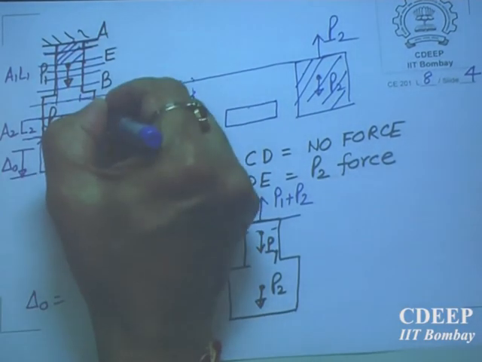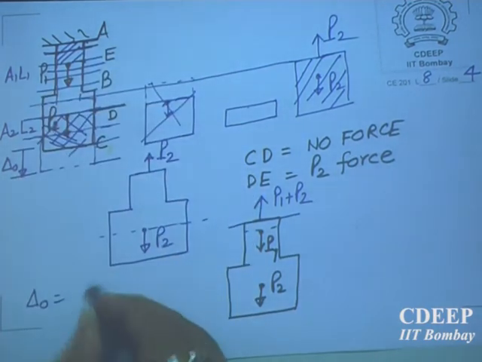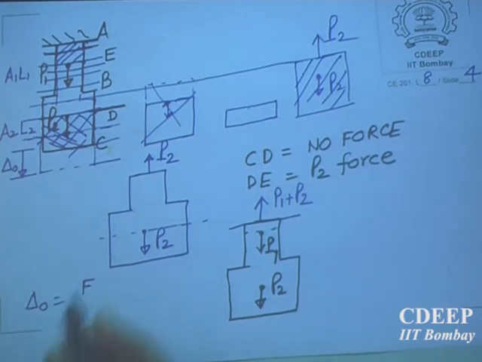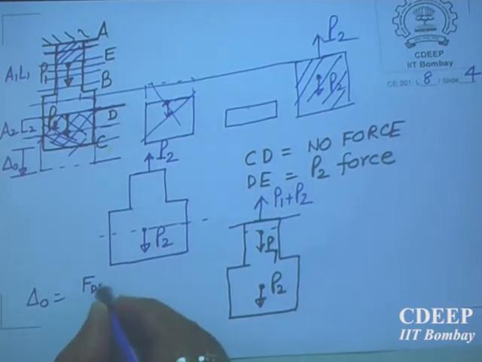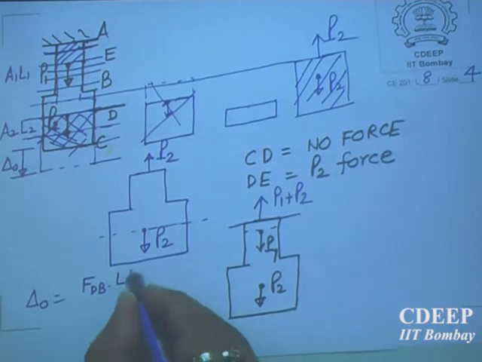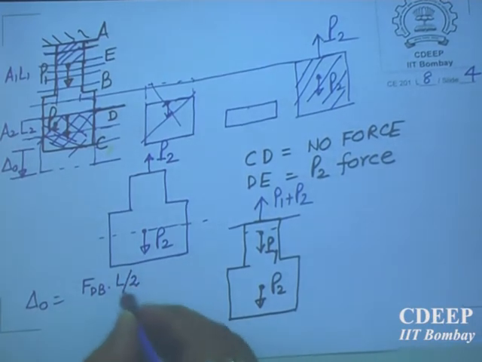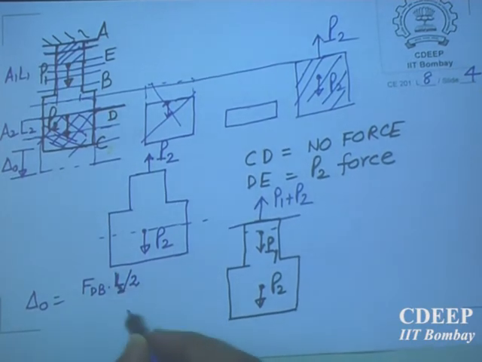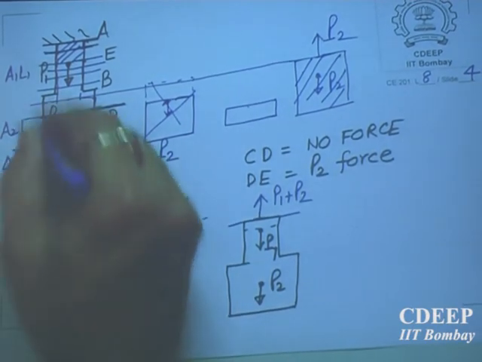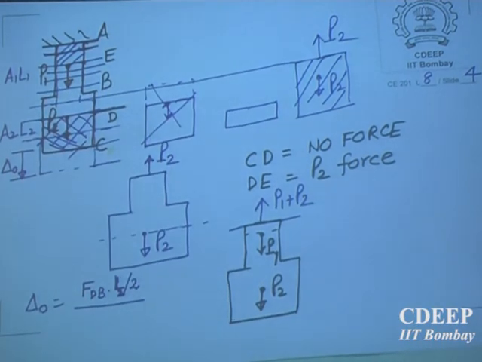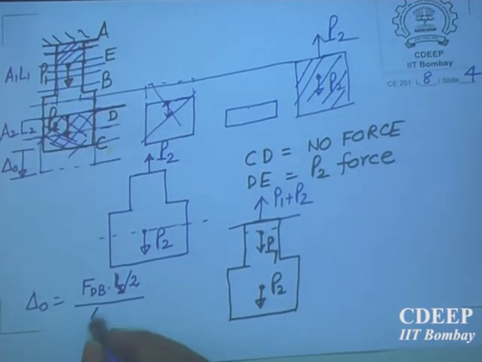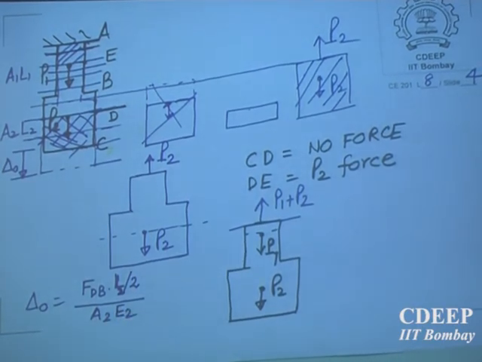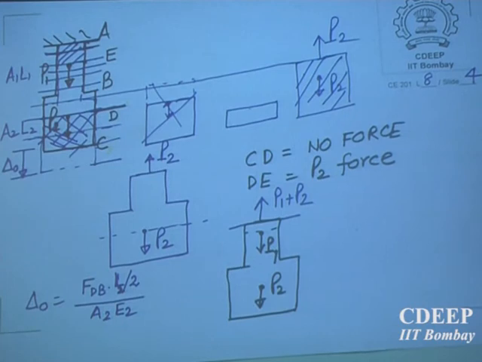So D to B. So force in D to B into L2 by 2 divided by how much? A2 by, let us say it is E2. Modulus of elasticity also is changing.